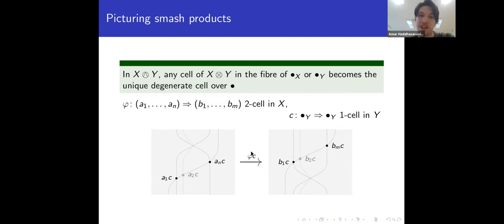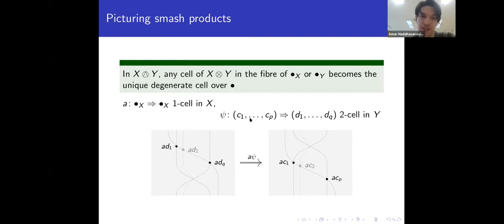So the input of phi in X is going to go into the input of phi tensor C in X smash Y. That's why in this mesh product you see that A1C to ANC are in the input, whereas B1 to BM are in the output.